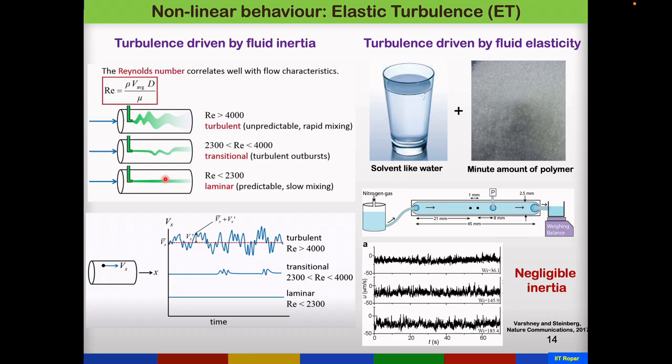We all know that when the Reynolds number is lesser than 2300, the flow will be laminar, smooth and ordered. But when the Reynolds number gradually increases, the flow will also gradually transition to a more chaotic and fluctuating state.